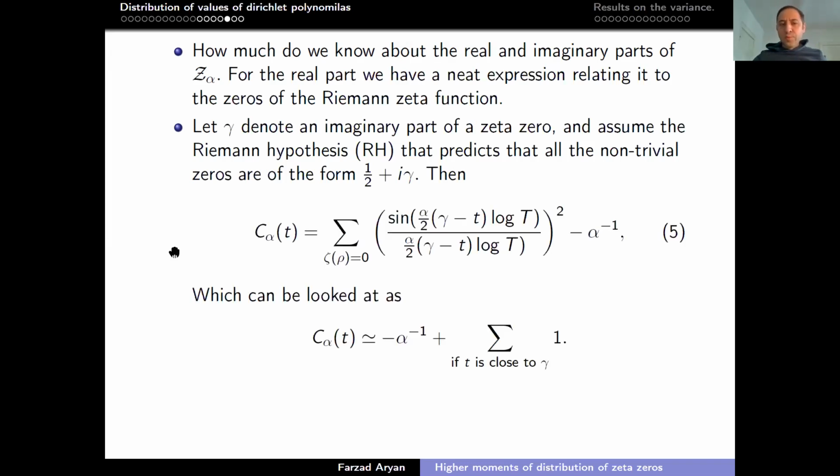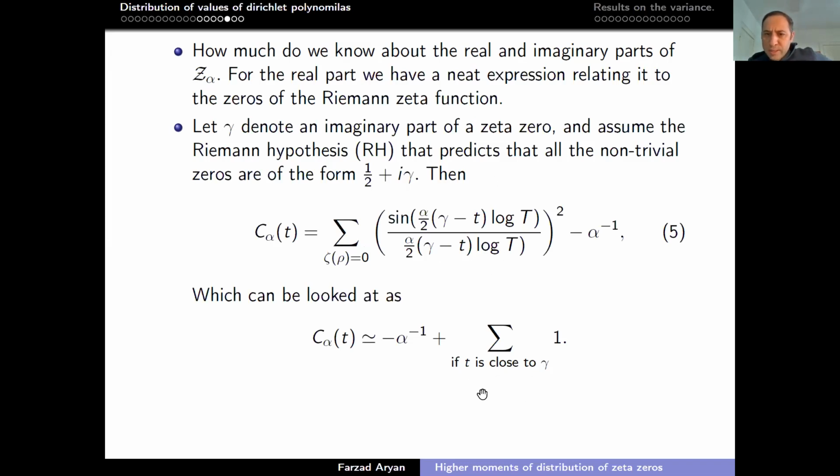Then I have this formula for the real part of Z_alpha. If it looks a little ugly, look at it this way: this formula counts how many zeros are close to t, basically. If I have 5 zeros around t, very close, then I get 5 in the sum, and minus 1 over alpha, which is the factor that comes from the average value of the real part.